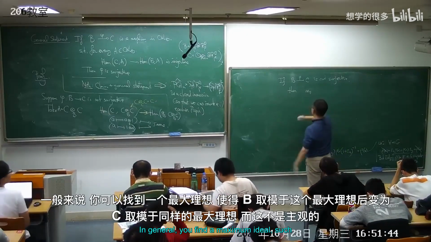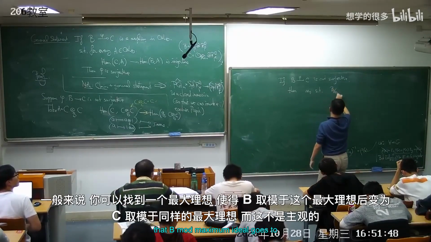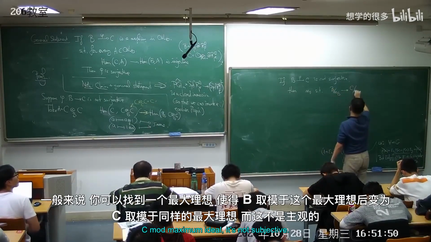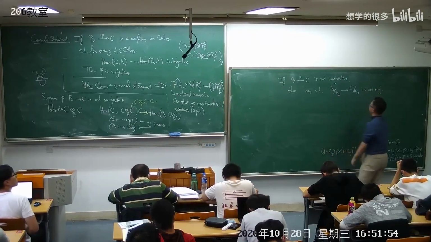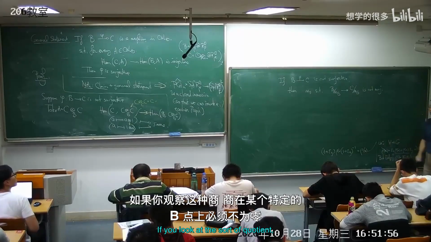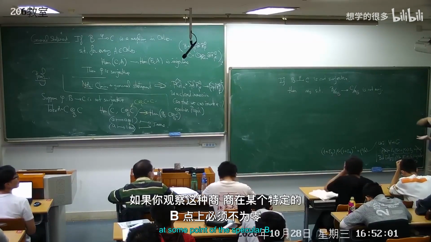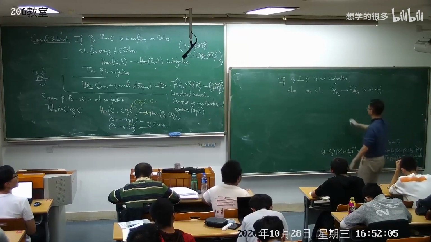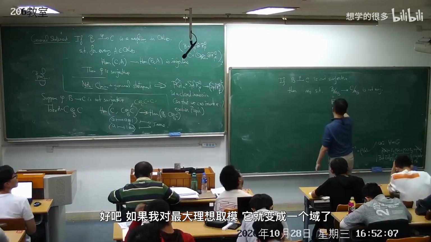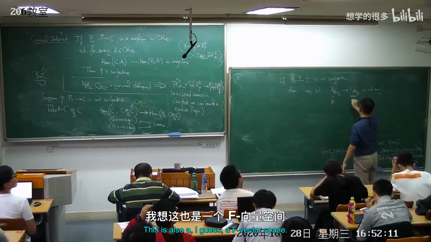In general, you find a maximal ideal such that B mod maximal ideal goes to C mod maximal ideal is not surjective. If you look at the quotient, it must be non-zero at some point of Spec B. But here my B is a local ring, so there's no choice. If I mod out by the maximal ideal, this becomes a field. This is also an F vector space.